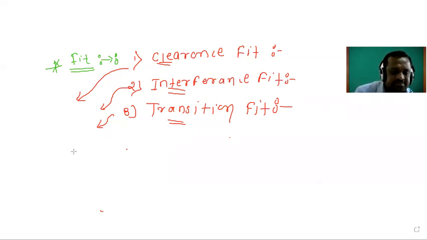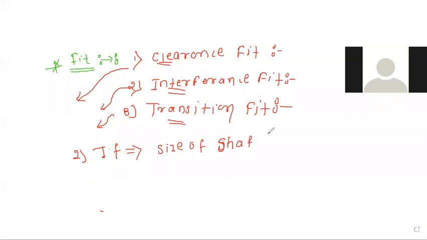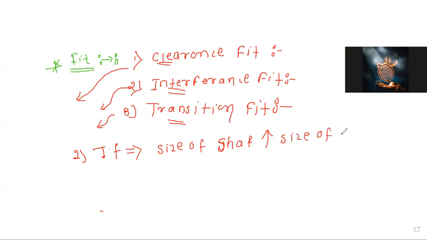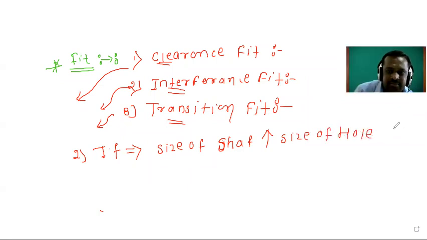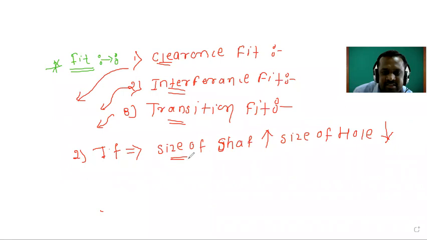What is meant by the interference fit? Interference fit is nothing but when the size of the shaft is larger and the size of the hole is smaller. If such a condition is there, that time it is called the interference fit.